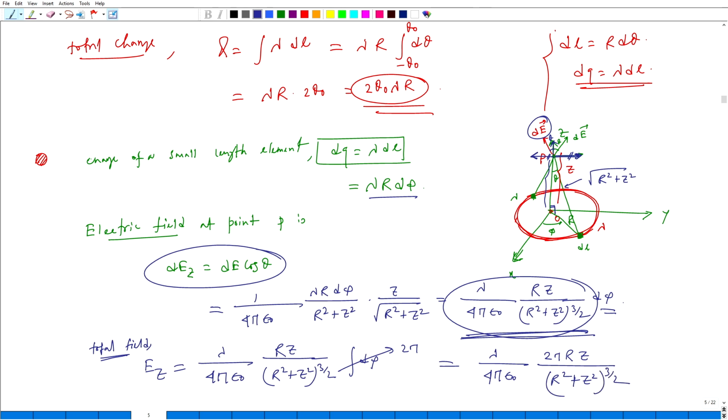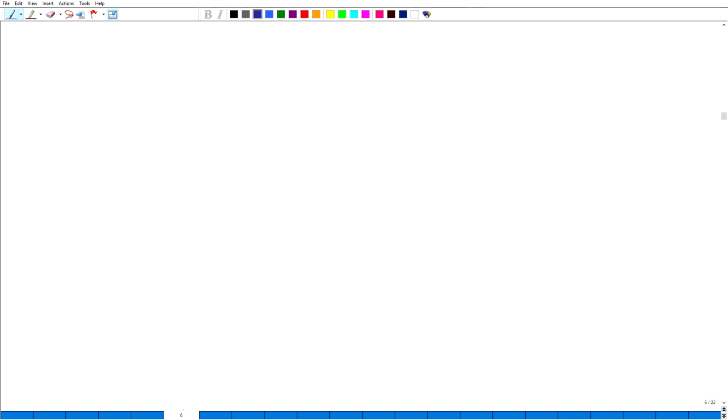So now we calculate the total charge q, which is lambda times dl, and then integrate. Lambda is uniform, so taken outside, and dl is r d phi, as in the previous case where we defined d phi. So then the d phi integral gives 2 pi, so q is lambda times 2 pi r.